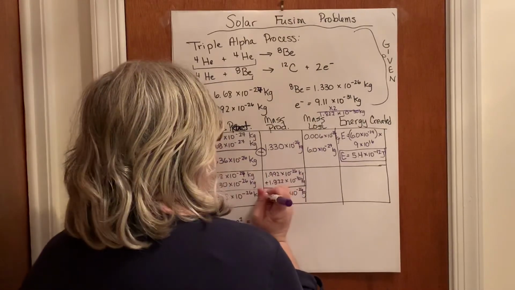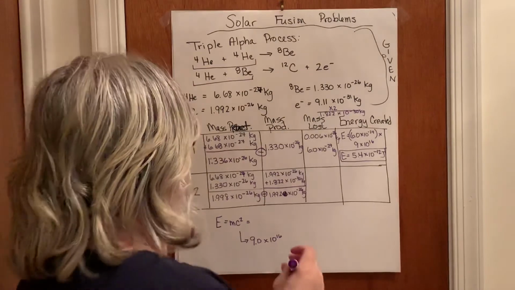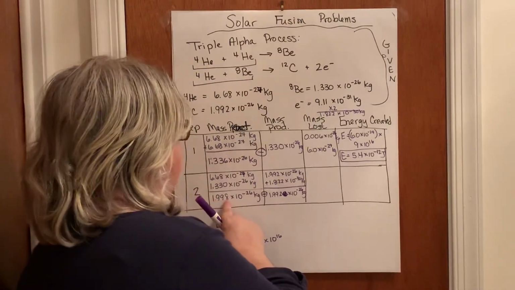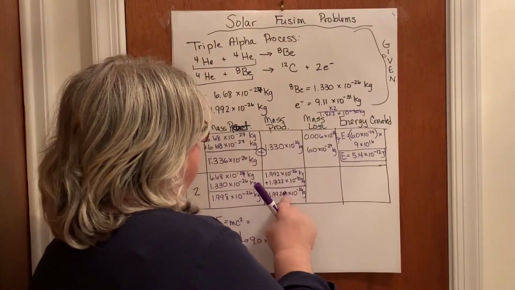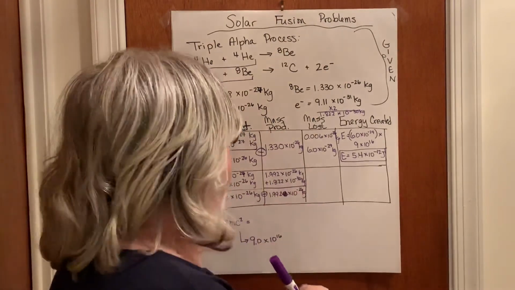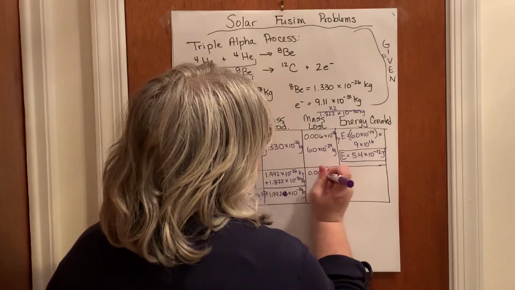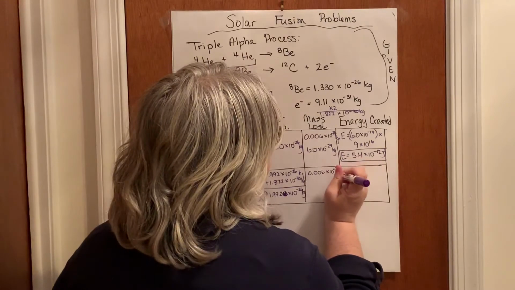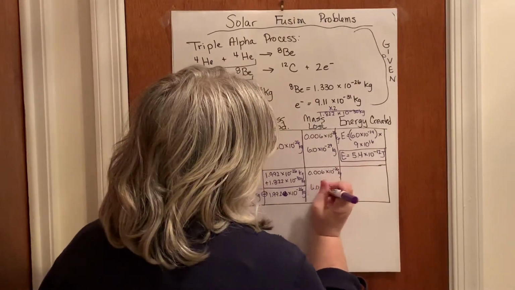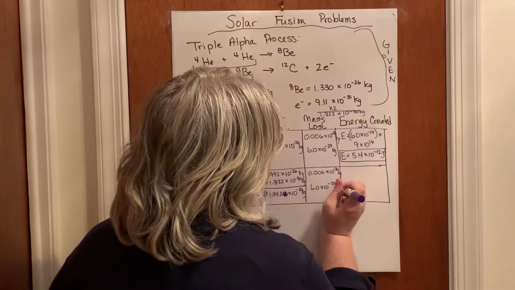Now I'm going to subtract. Okay, so 1.998 times 10 to the negative 26 minus 1.992 times 10 to the negative 26 also gives me 0.006 times 10 to the negative 26, which again I can write as 6 times 10 to the negative 29th.